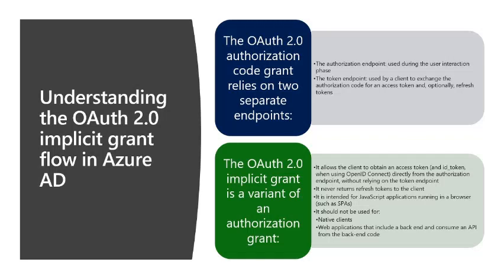And the implicit flow provides a convenient mechanism for JavaScript applications to obtain an access token for a web API, offering numerous advantages with respect to cookies. Tokens can be reliably obtained without any need for cross-origin calls.